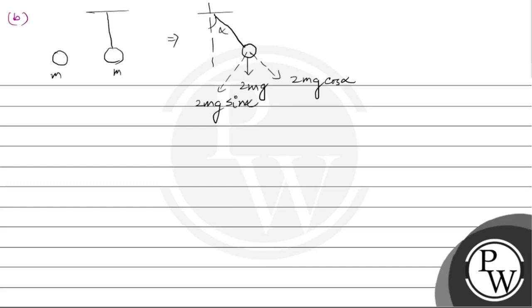There will be some amount of tension in the string. Okay, so from here we can write that T minus 2mg cos alpha equals 2m v square by r. Let's take this velocity v prime.